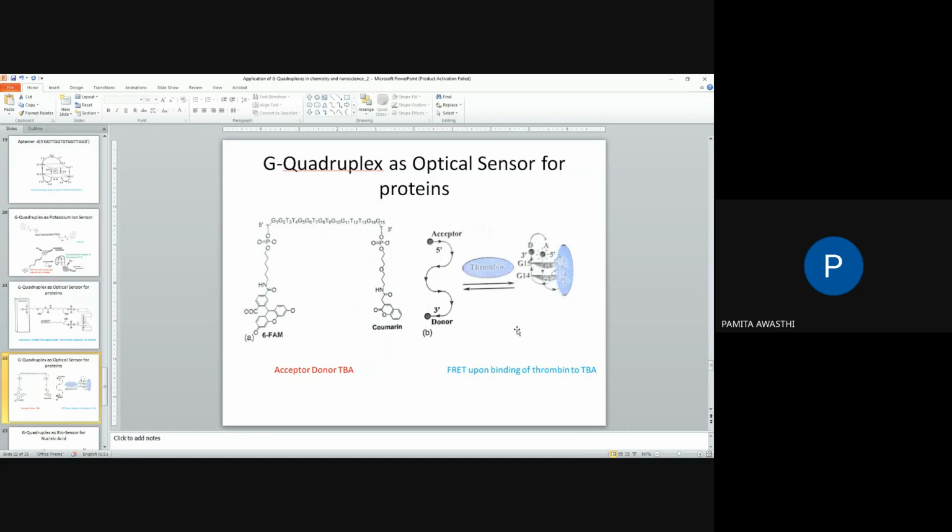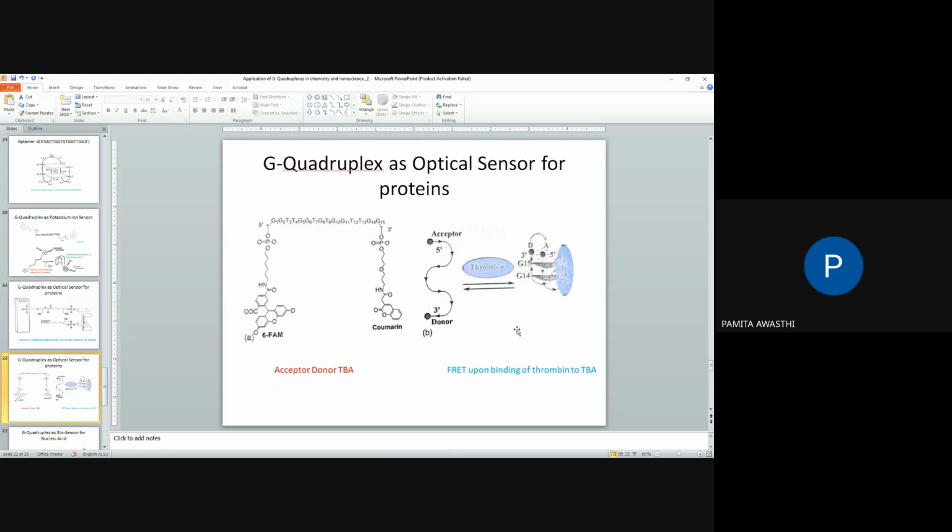Then there is another protein sensor. This has also been discussed, but I will just explain it. Tan and his colleagues and some other groups used the aptamer beacon strategy to develop real-time sensing of thrombin. Again, fluorescence resonance energy transfer as well as excimer strategies have been used to study this kind of interaction.